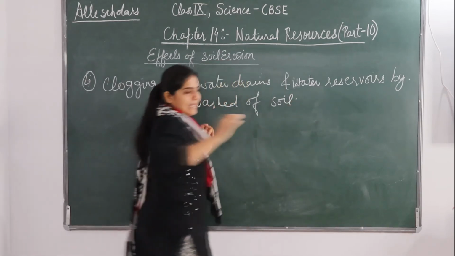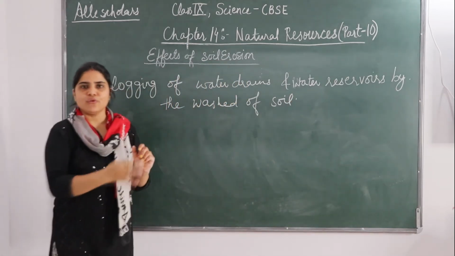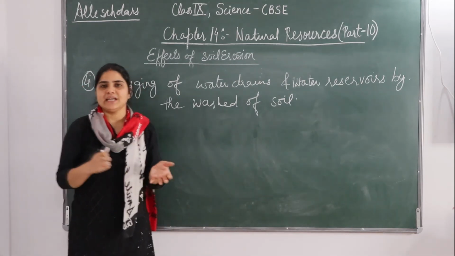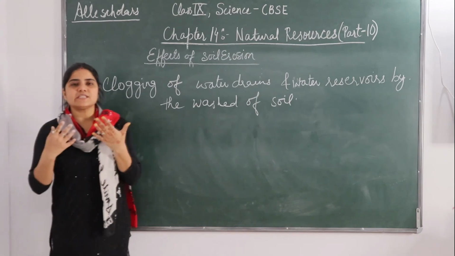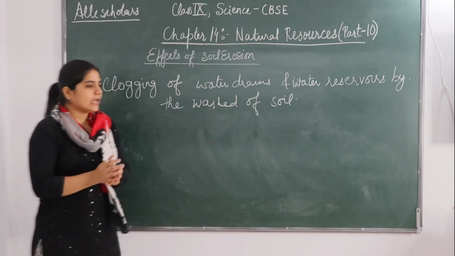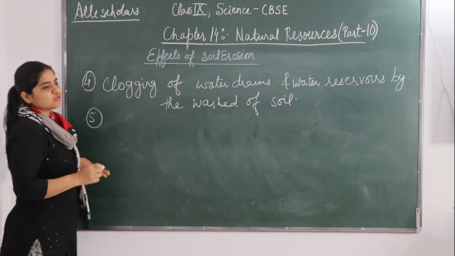Okay, जो soil erosion की वजह से जो soil washed off हुए, जो soil move हुए, जो soil remove हुए, वो आके या तो water reservoir को block कर देते हैं. So this is the fourth effect of soil erosion.